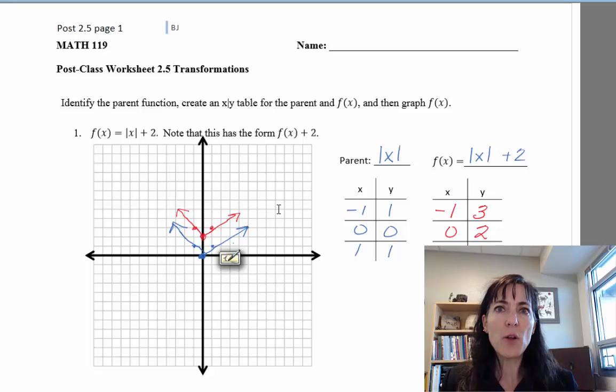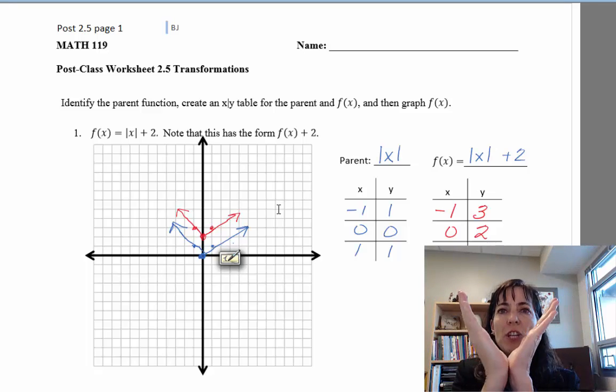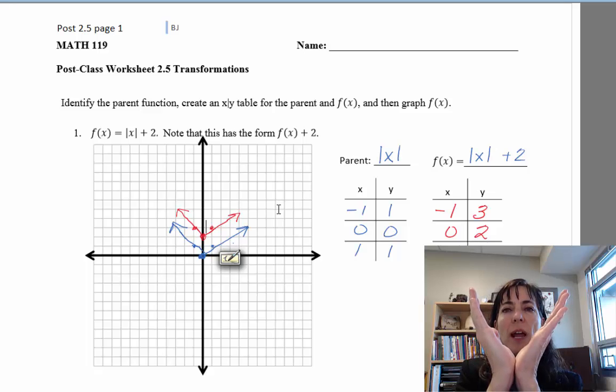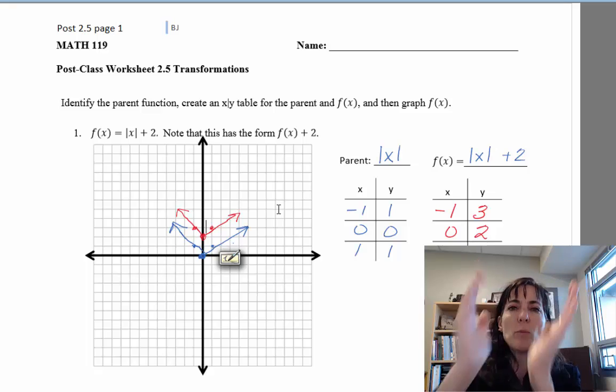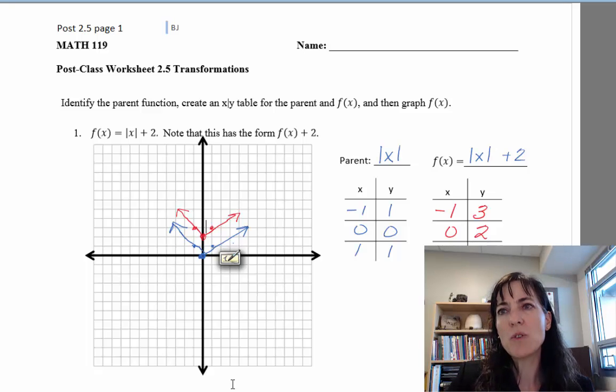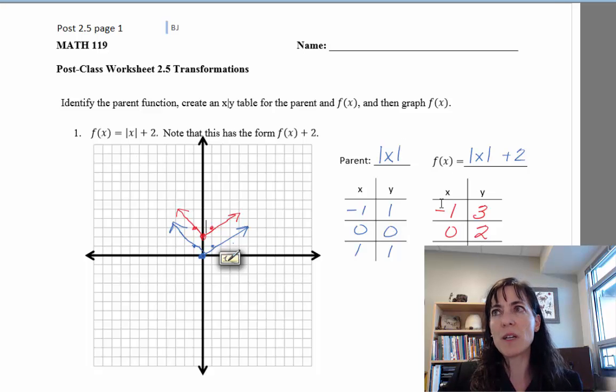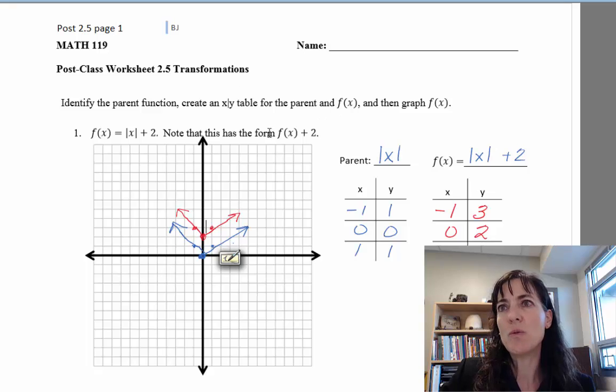So when I look at that graph, I can see that the shape of the graph was a V, and it was centered at the origin at 0, 0, and then the effect of putting the absolute value of x, which was at 0, 0, with a plus 2 on the end outside of the function, is that it shifted my whole graph up by 2 units. And you can see that the shape is the exact same with the blue graph, and then bump up 2, and the red graph is the result for the f of x plus 2 form.